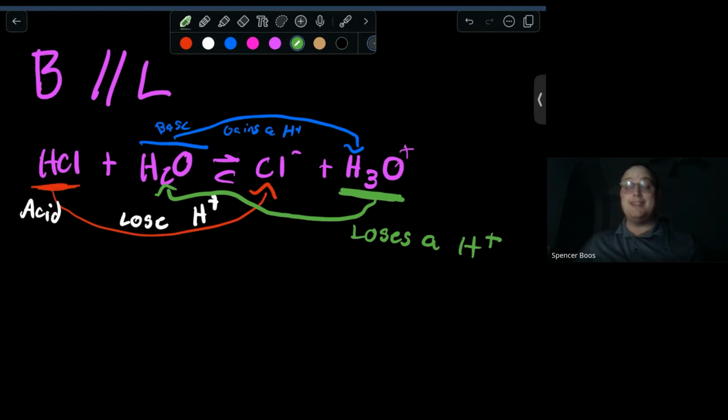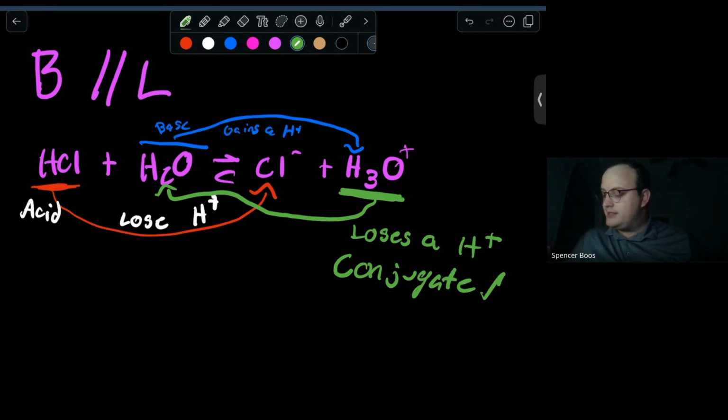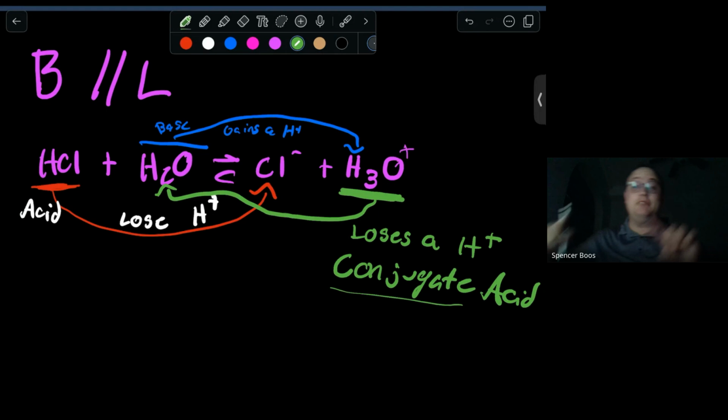This makes it an acid, but because it's going in the reverse direction, it makes it a conjugate acid. The reason is because it's going in the reverse direction. Conjugate, all that means is that it's in the reverse.